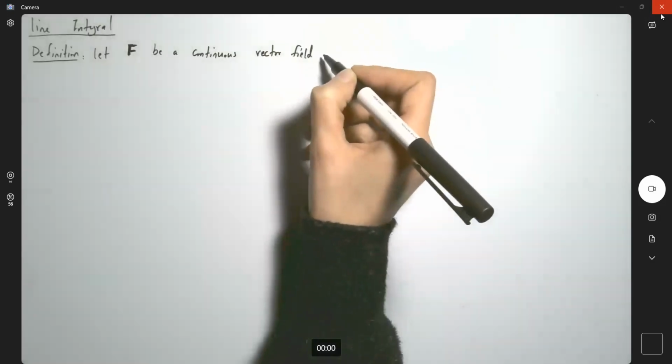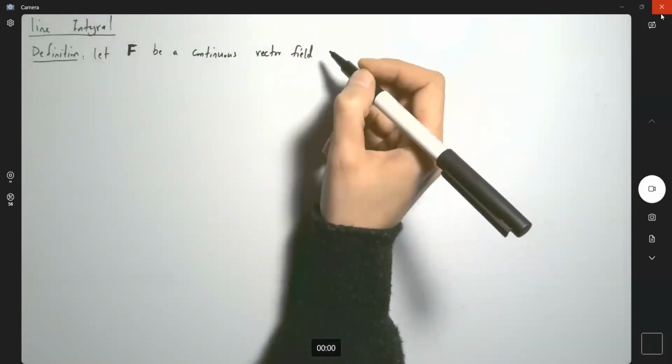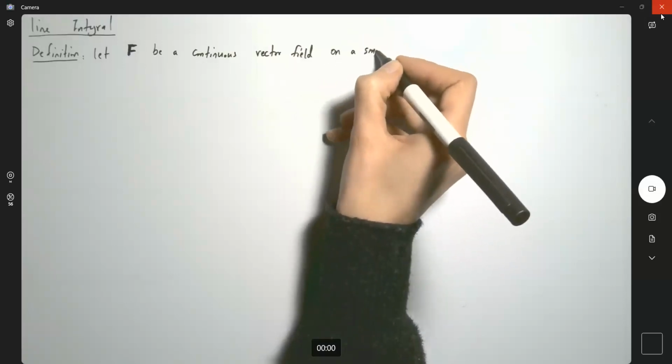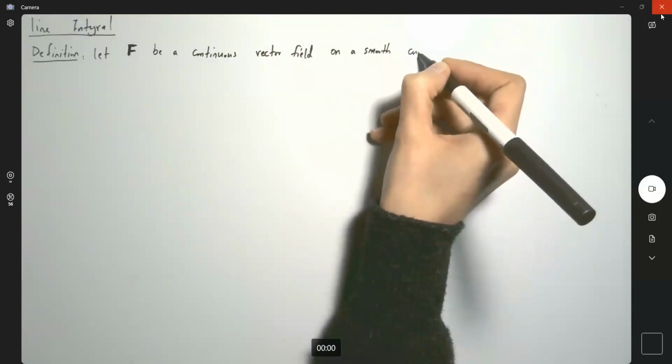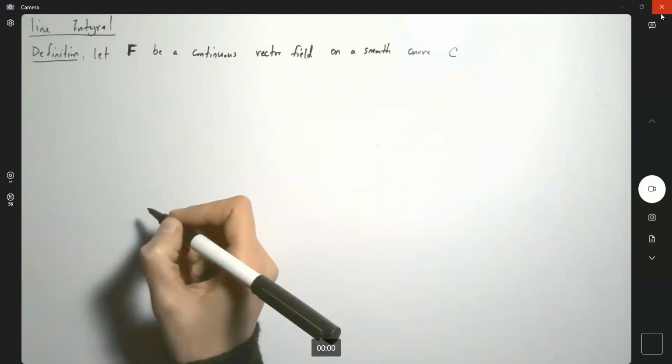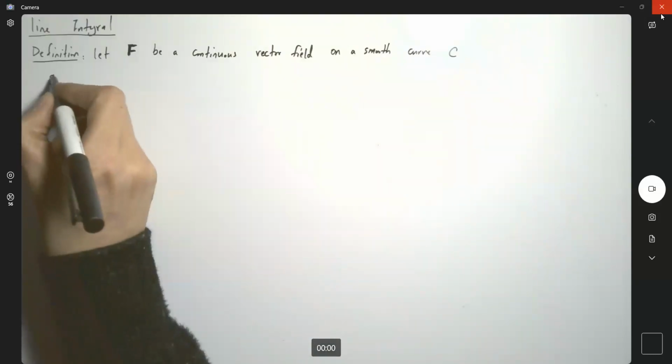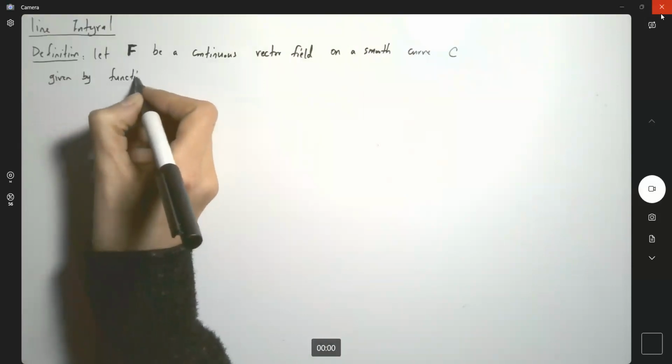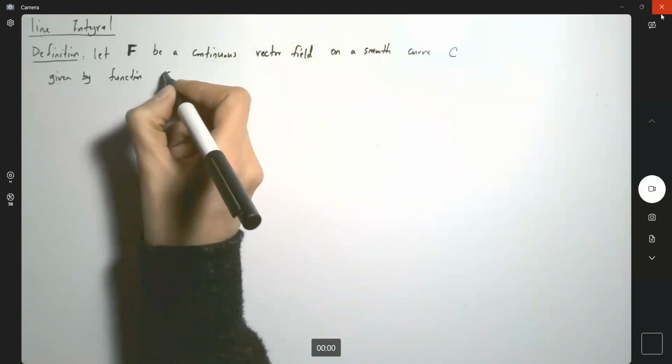vector field over a smooth curve like C, given by function r(t).